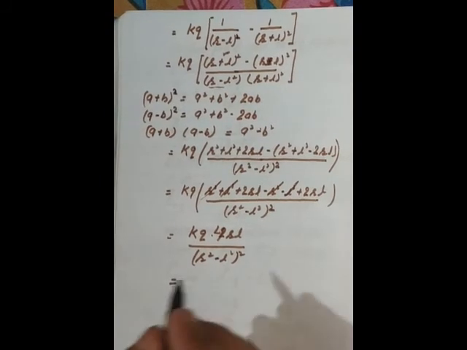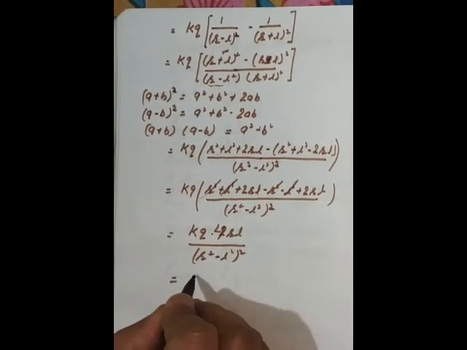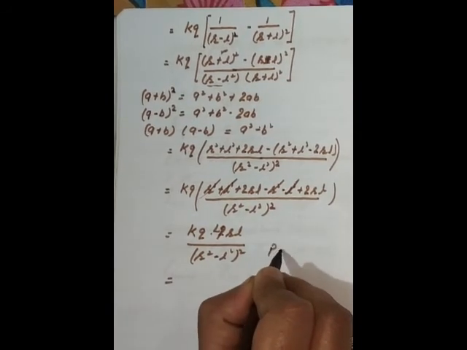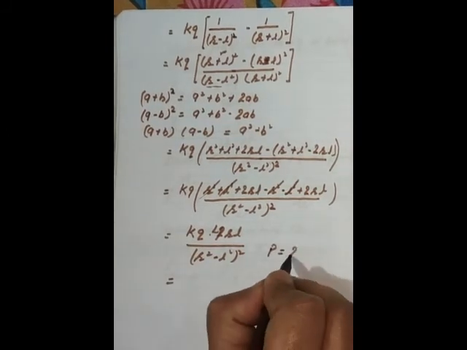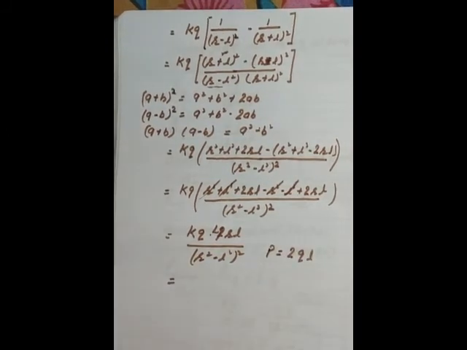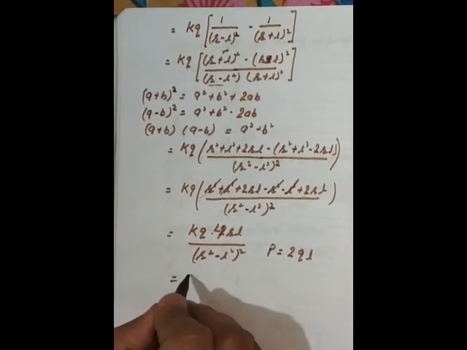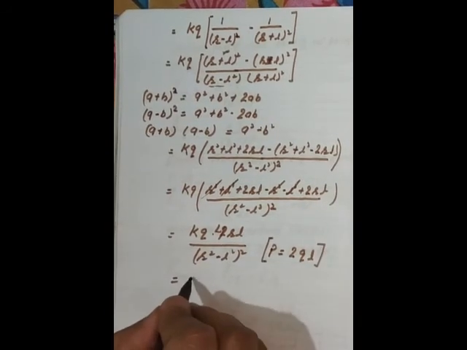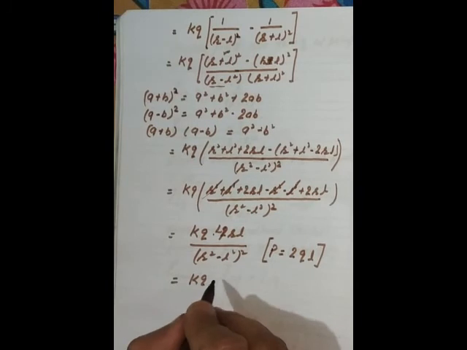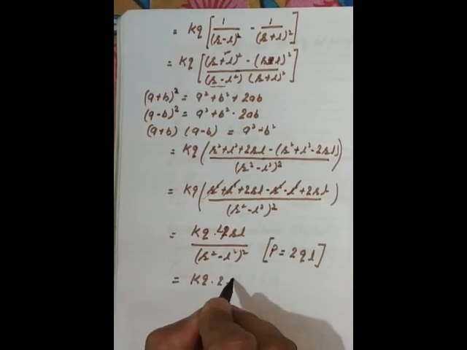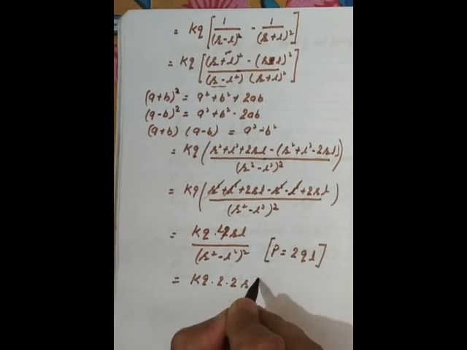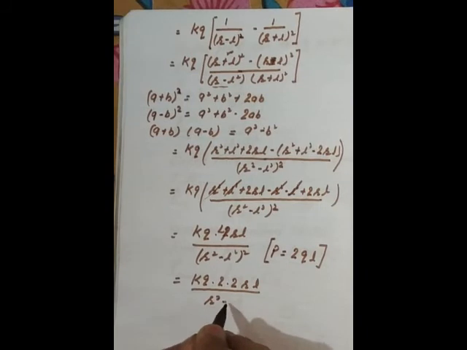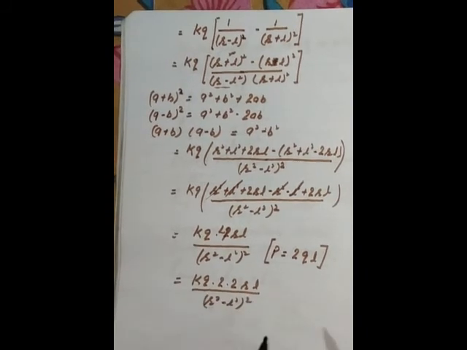It will be P equals to 2QL. So KQ, 2 into 2RL upon R square minus L square whole square.